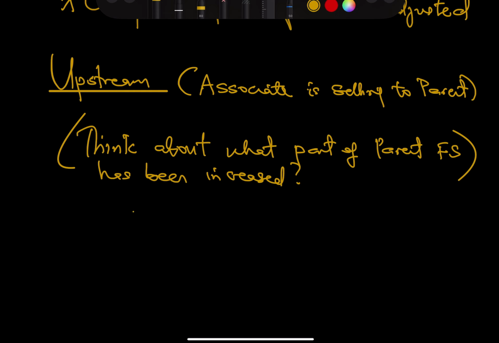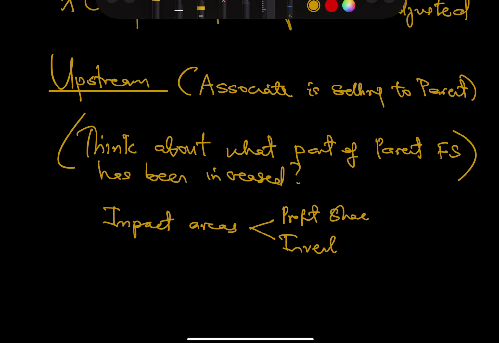When an associate sells to the parent and has made a profit, you already know that profit will come back to the parent as profit share, which means the parent will have gotten income that doesn't make sense. Income that was made from him is still recorded as his own income again. So profit share would have been impacted. And likewise, he would have gotten inventory at a value that is more than the normal inventory the group should have.